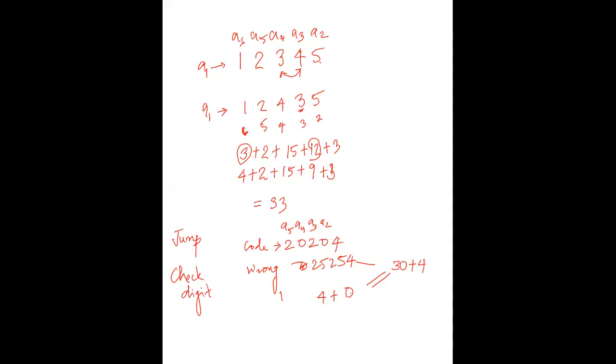See, the check digit is also a single digit, so after adding you take modulo 10. So this is 4 plus 6, which gives you 0 mod 10. Sorry, the check digit of the code becomes 6, not 4.